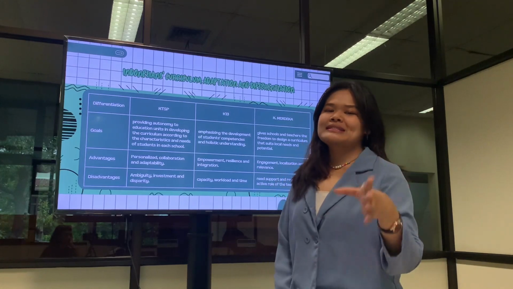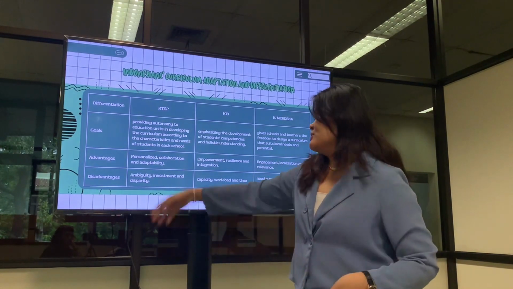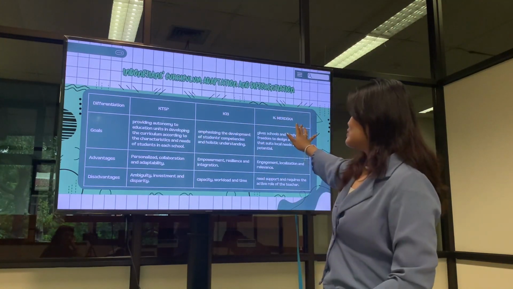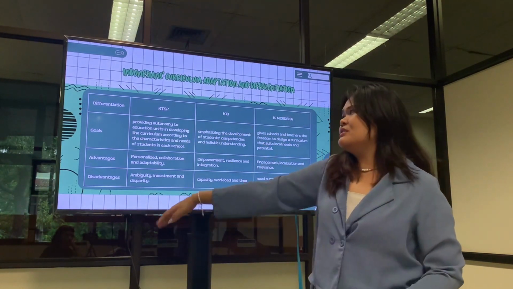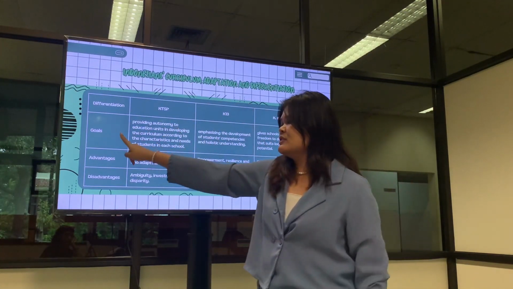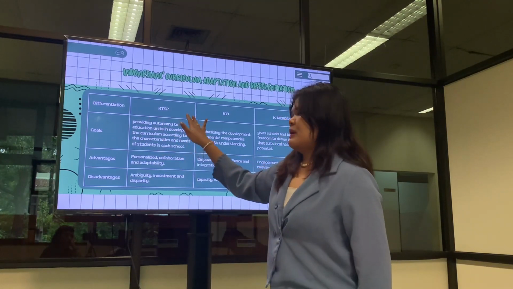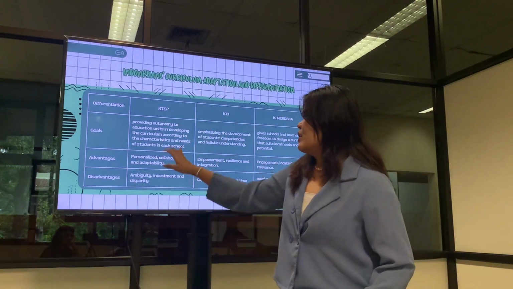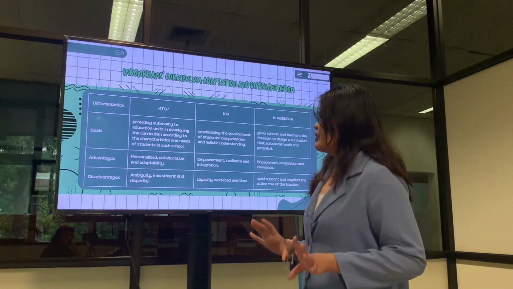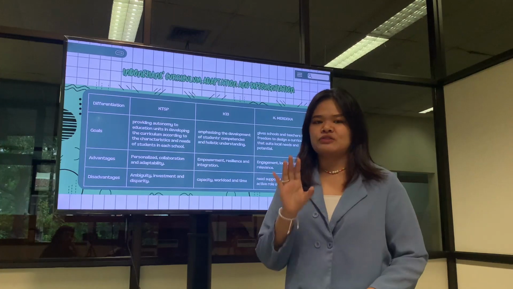Next, we will discuss the three curricula in Indonesia. The first one is KTSP, the second one is Kurikulum K13, and the last one is Kurikulum Merdeka. So what are the differences between KTSP, K13, and Kurikulum Merdeka? The first one is the goals. The goal of KTSP is basically providing autonomy to education units in developing the curriculum according to the characteristics and needs of students in each school.